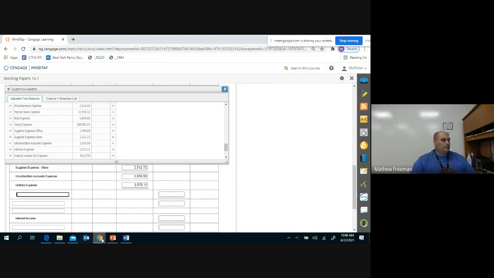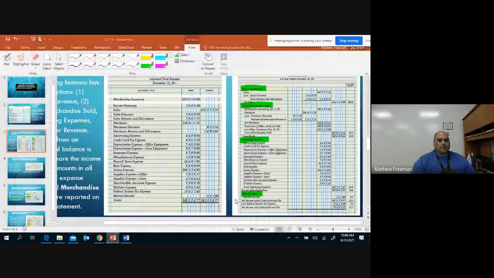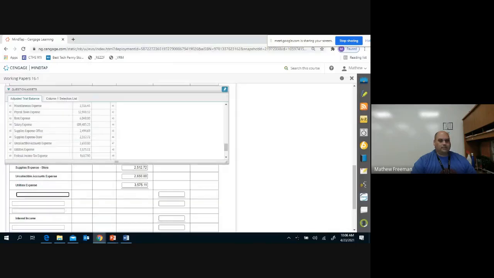Okay. And I know you probably can guess what it is, but total operating expenses is our title for that line. Pretty straightforward, right? Total operating expenses.